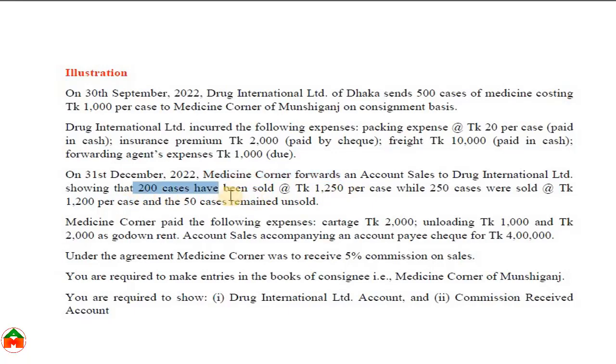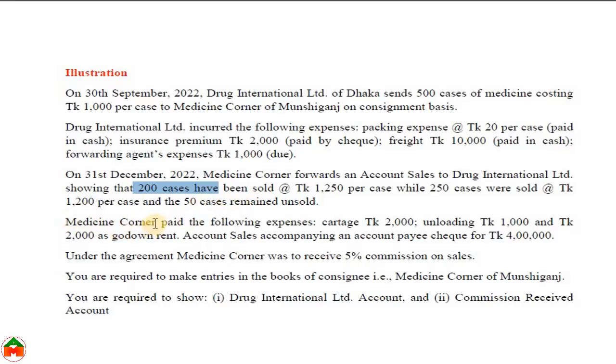We can see 200 cases of medicine have been sold at the rate of Taka 1250, as well as 250 cases were sold at the rate of Taka 1200, and the remaining 50 cases were not sold.